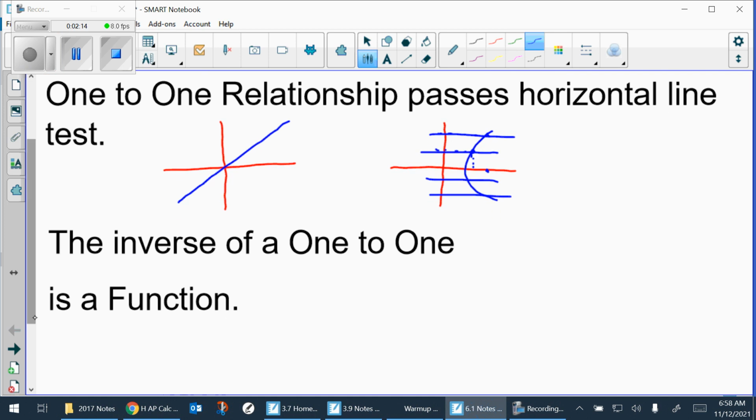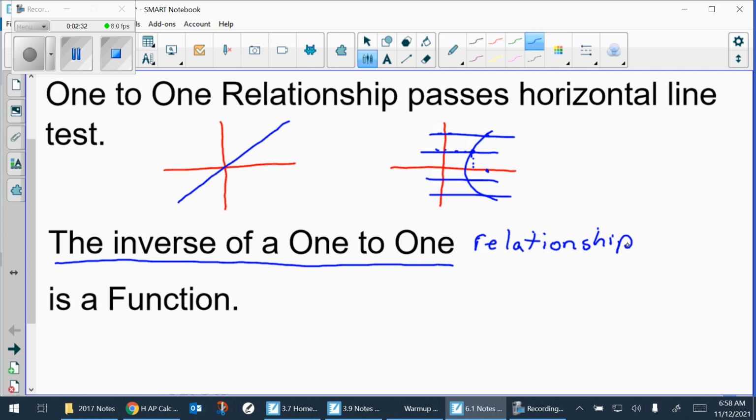And something that we'll mention right now is that the inverse, we haven't talked about inverses yet, but the inverse of a one-to-one relationship is a function.